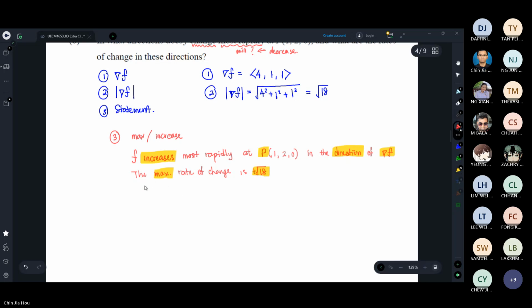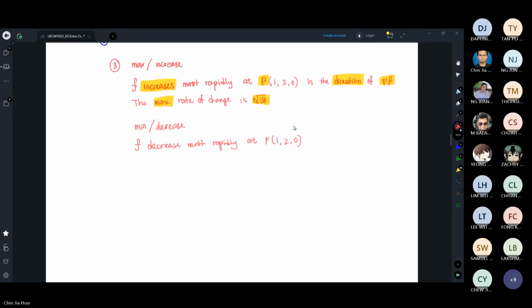How about the min and the decrease? So we can write, just reverse it. Increase, we change it to decrease. Most rapidly at the same point in the direction of, now instead of this, we need to change the sign.